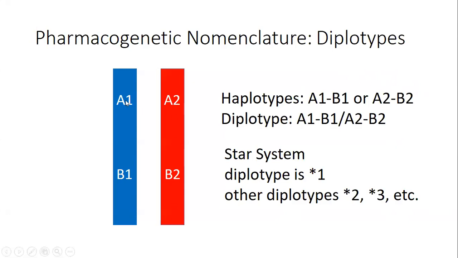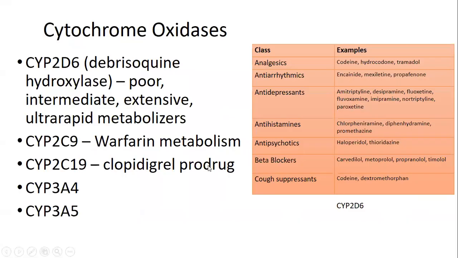The genotype would be heterozygous A1, A2, or heterozygous B1, B2. The collective set of haplotypes is called the diplotype, and you can have specific diplotypes of particular variants in particular genes that are known to be associated with specific ways of metabolizing drugs.